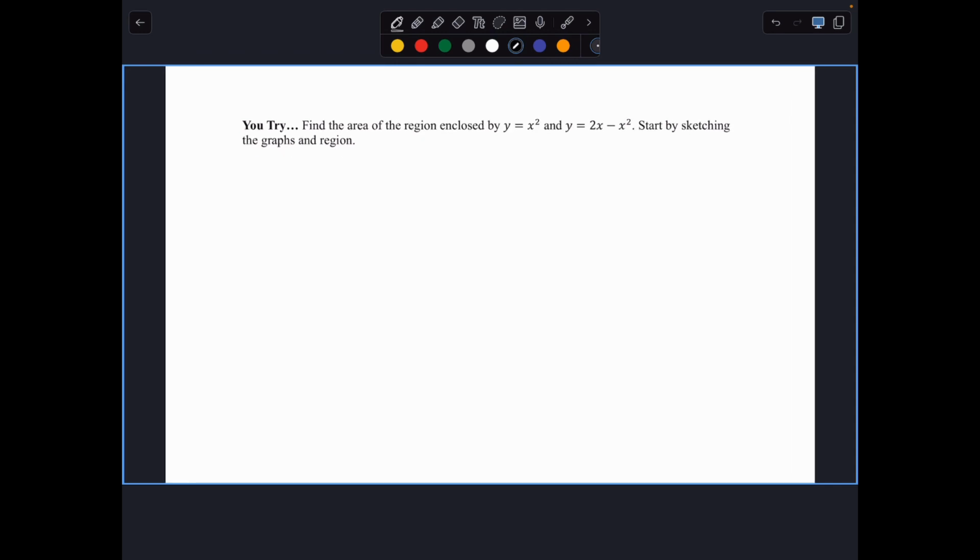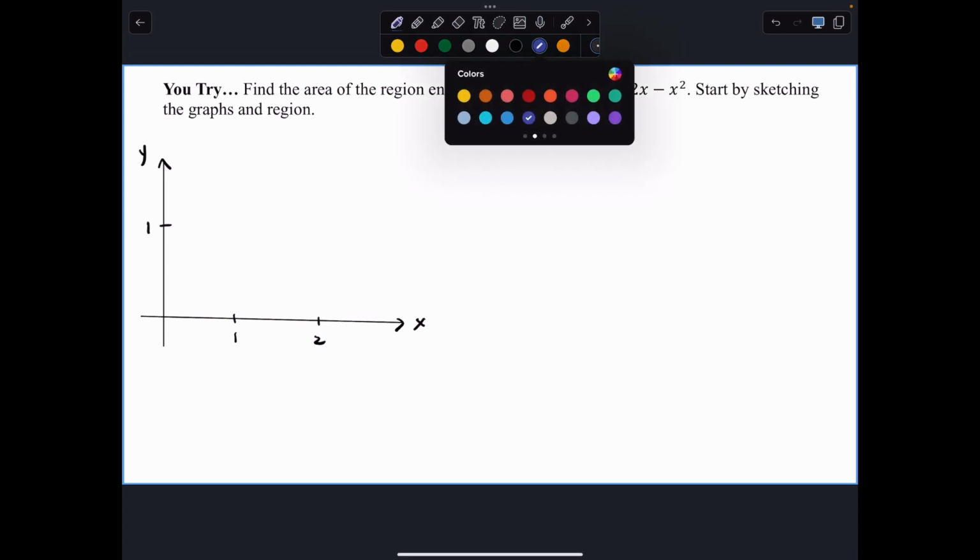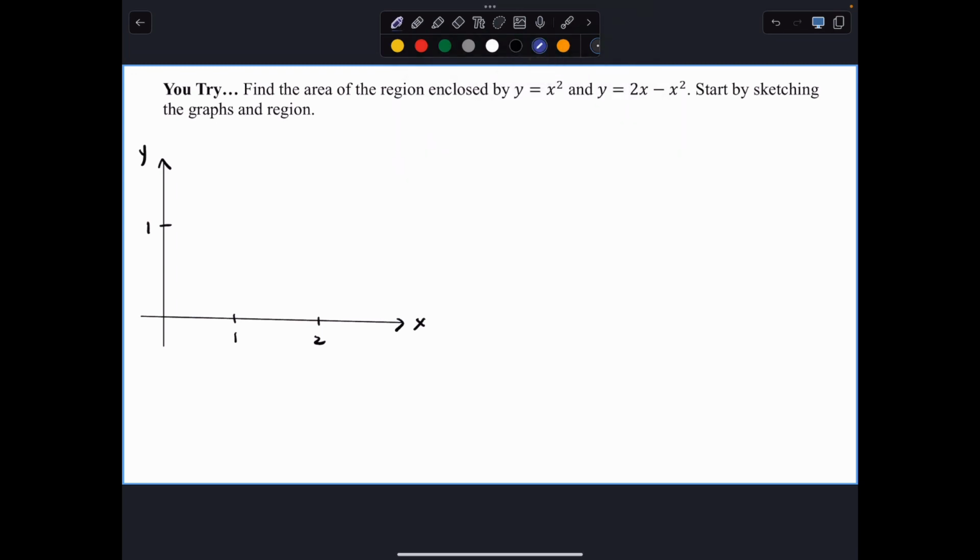Negative 1, 1, 2, negative 2, negative 3. You can figure out what they are. This graph could be 2x squared equals 2x. What is 2x minus x?